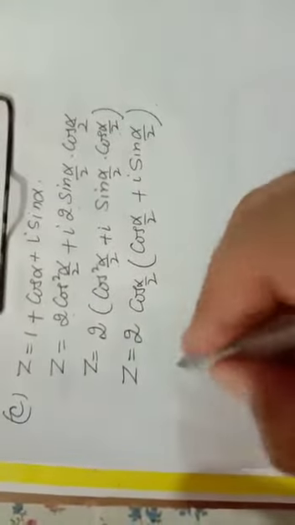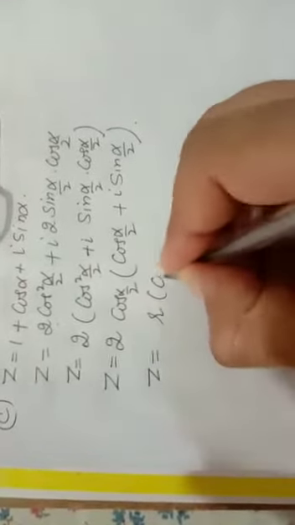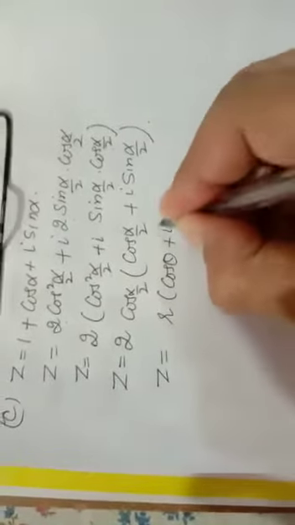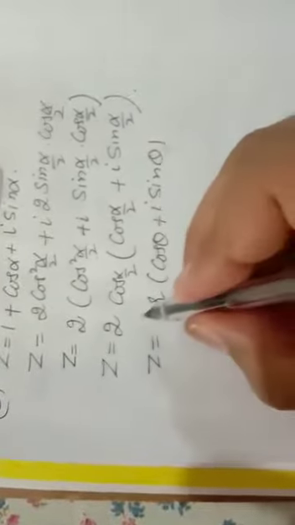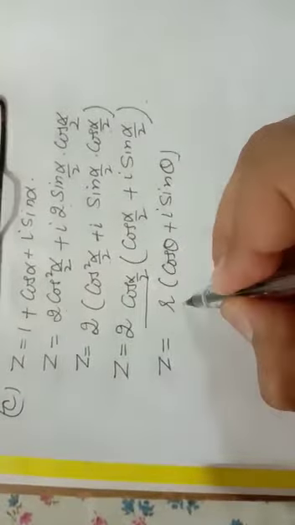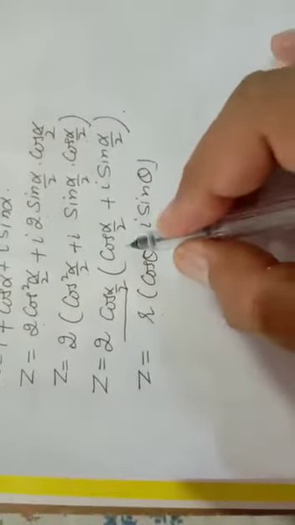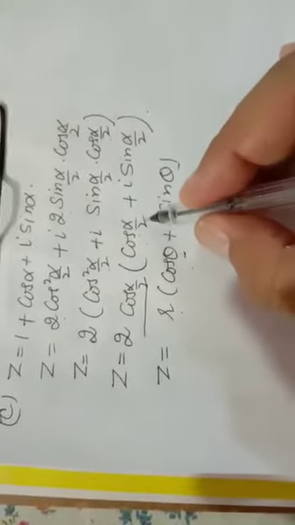Now compare z with r(cos θ + i sin θ). What is the modulus value? Comparing, this whole value is the modulus r, and for the argument, we compare θ with this expression.